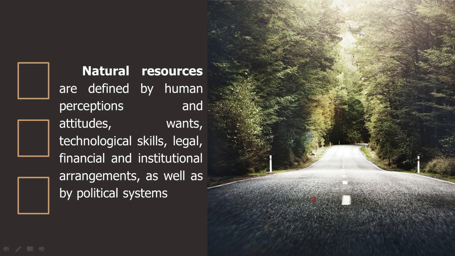Yung mga puno, mga halaman, mga animals, and so on. But usually, it depends upon the perception of an individual, of an organization, of an agency. Sometimes we define natural resources as the use for technological skills. We define it as something we can use for financial or institutional arrangement.